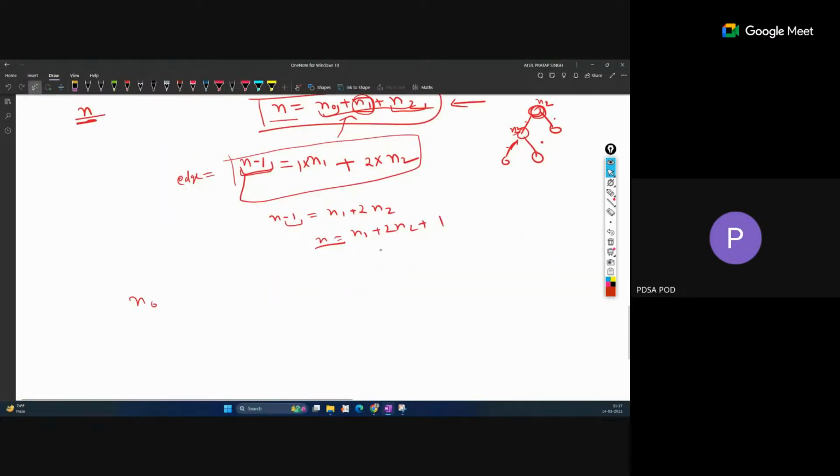So n0 plus n1 plus n2 equals n1 plus 2 n2 plus 1. Now this cancels. So we will just move this and this here and this part here. So 2 n2 minus n2 will become n2, and this will reach here.